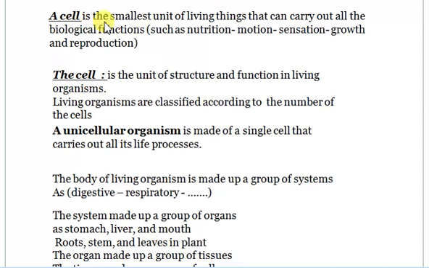A cell is the smallest unit of living organisms that can carry out all the biological functions, such as nutrition, motion, sensation, growth, and reproduction. The cell is the unit of structure and function in living organisms.